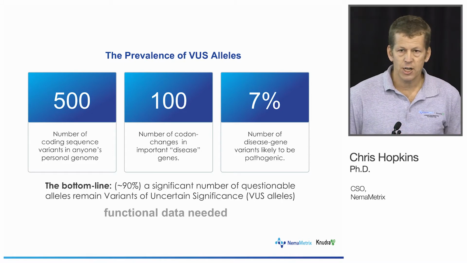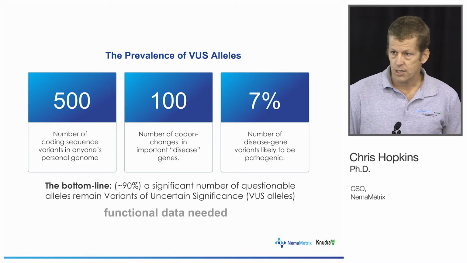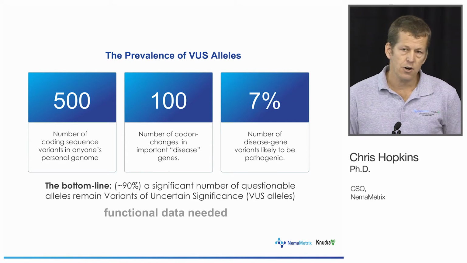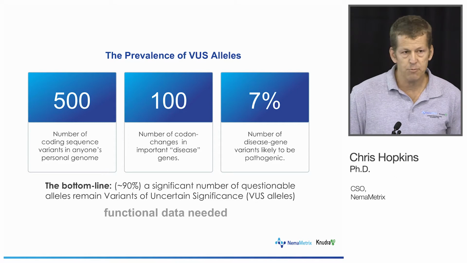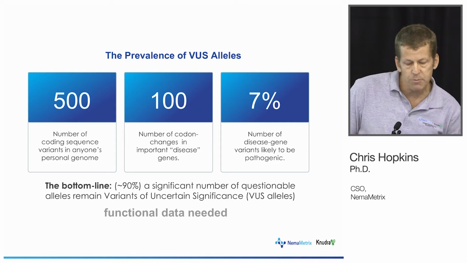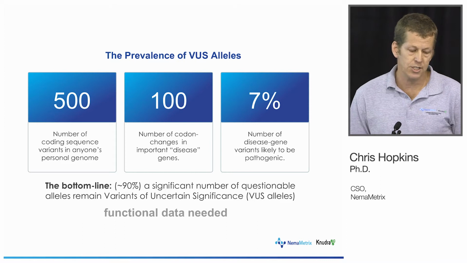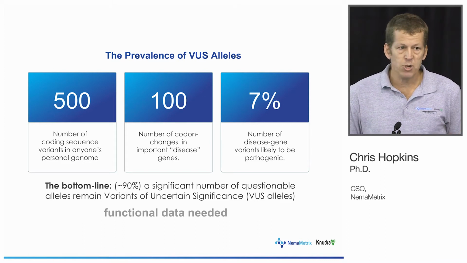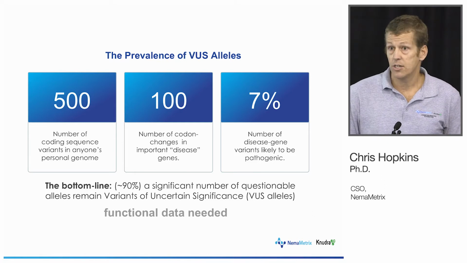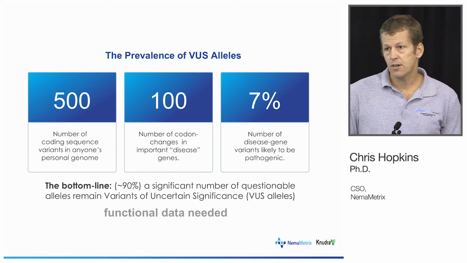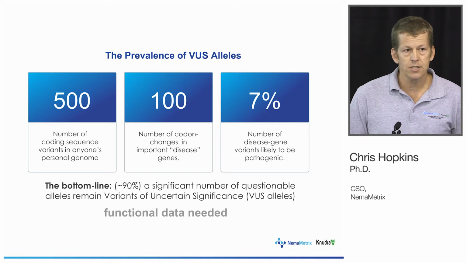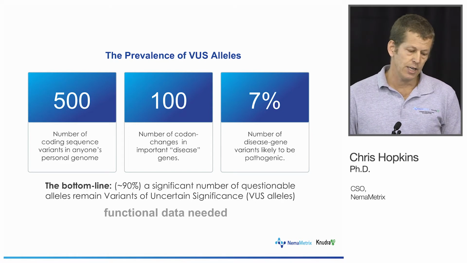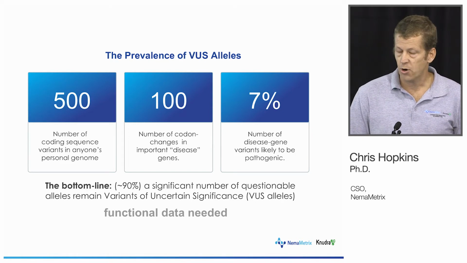If we then ask how many of those are in genes that are causative to human disease, about 100 of those variants are occurring in your human disease genes. Those 100 variants, we know that about 7% of those are causative for pathogenicity. These are the missense mutations and the frame shifts that lead to early truncated protein.